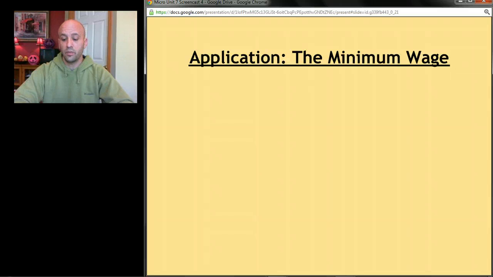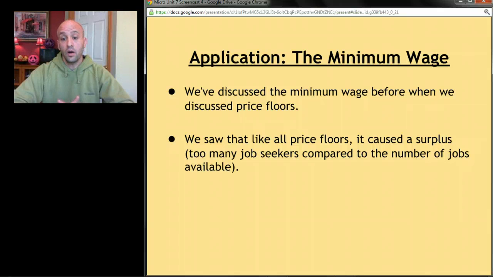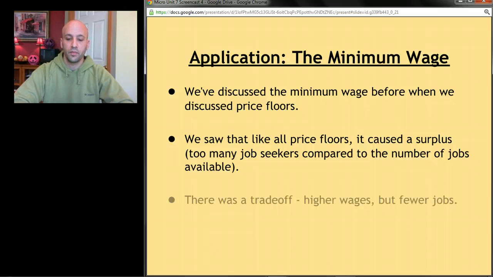Take, for example, the minimum wage. We've discussed the minimum wage before when we discussed price floors way back when, I think in unit number 2. We saw that like all price floors, it caused a surplus of workers, too many job seekers compared to the number of jobs available. Price floors tend to cause surpluses. So what we saw initially, at least, was that there's a trade-off to the minimum wage.